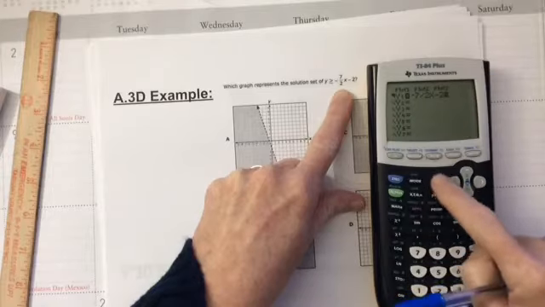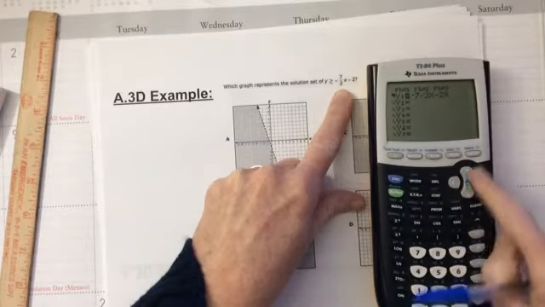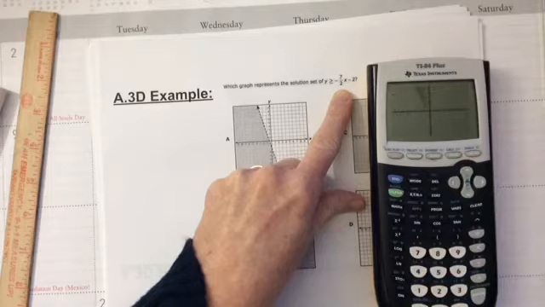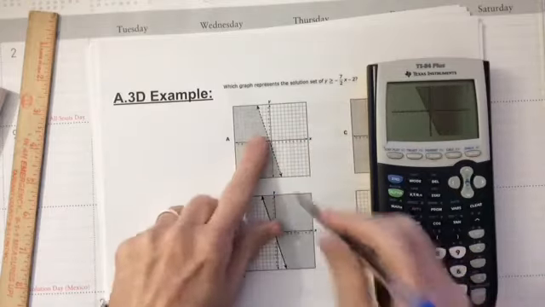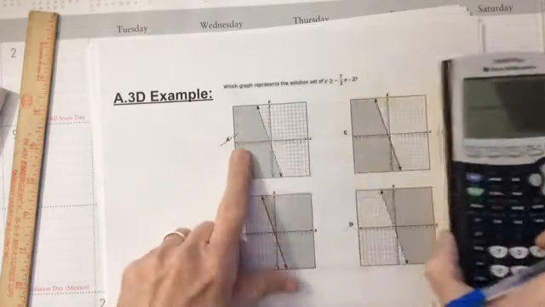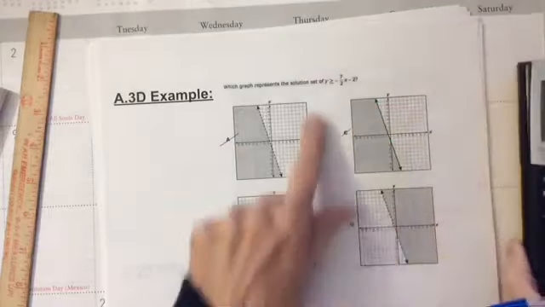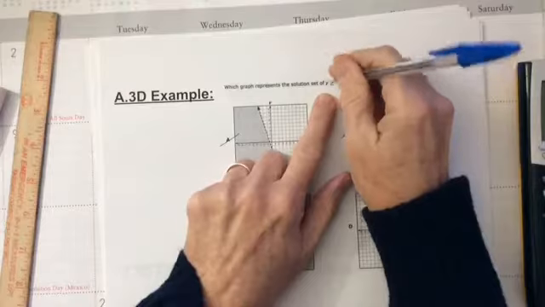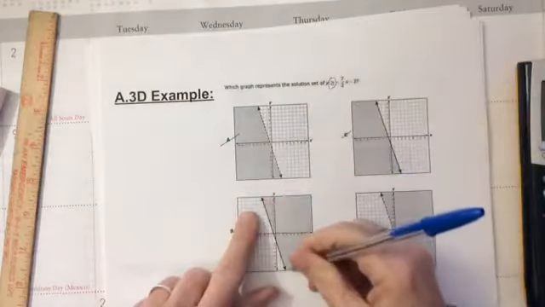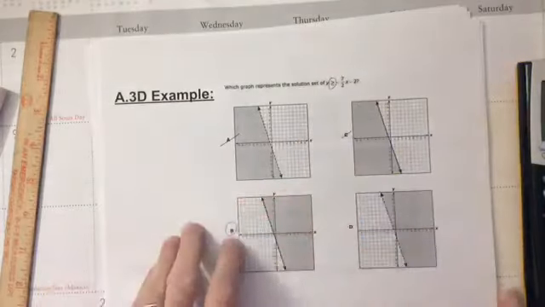Delete the rest of that. We hit graph. Here's our equation. We know this won't be it because it's shaded on the other side, same as here. It's going to be this one or this one, and since we have the greater than or equal to symbol, the line will be solid, and your answer is B.